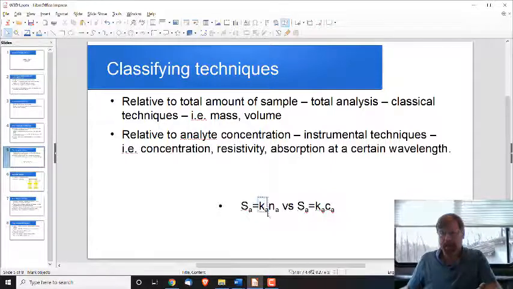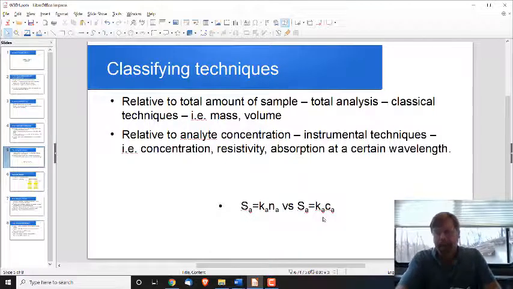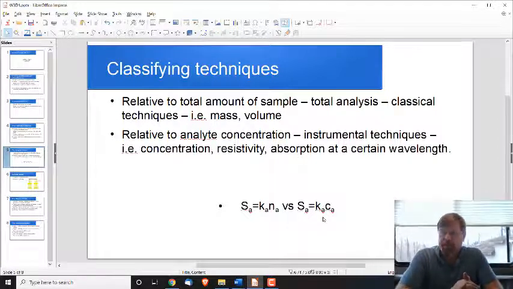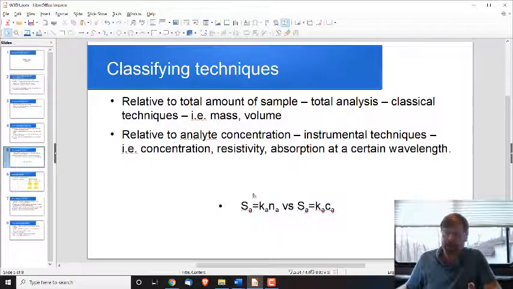And then this is just a proportionality constant. Frequently we will be working hard to make sure we're doing this in a range where this relationship is linear, so that this k is just a number.